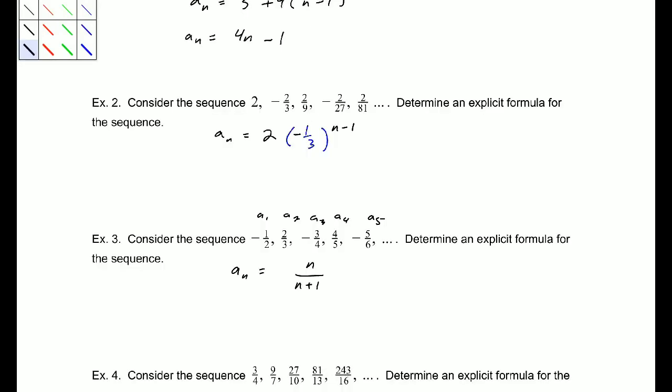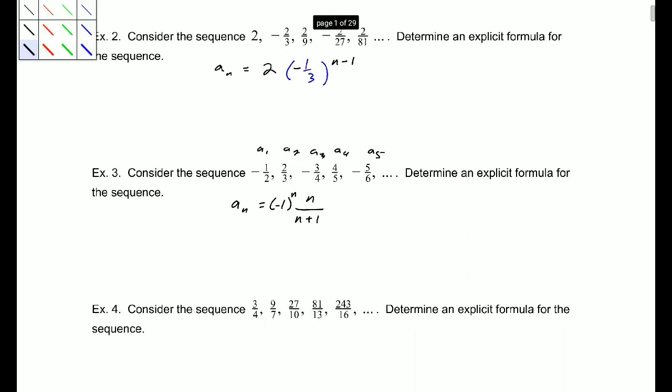Now, for the alternating pattern, where it goes negative, positive, negative, positive, I'm going to use negative 1 to the n. Now let's check that. If I plug in a value of 1, that is going to be negative, negative 1/2. That works. If I plug in a value of 2, that is positive 2/3. So that does in fact fit our sequence.